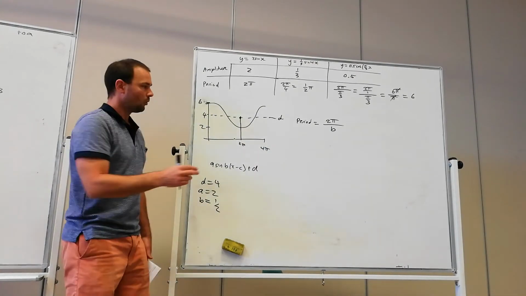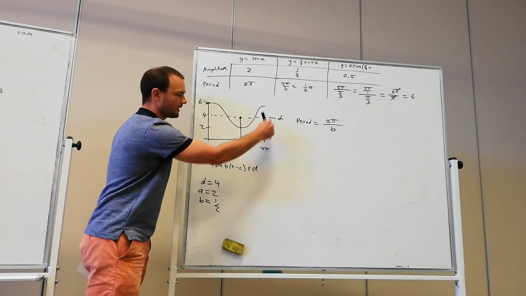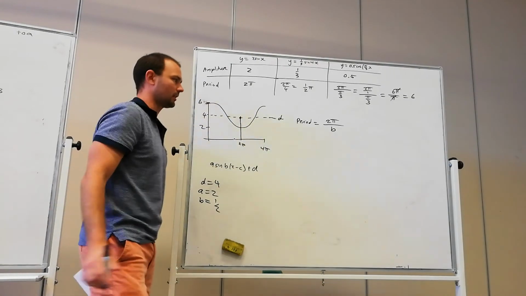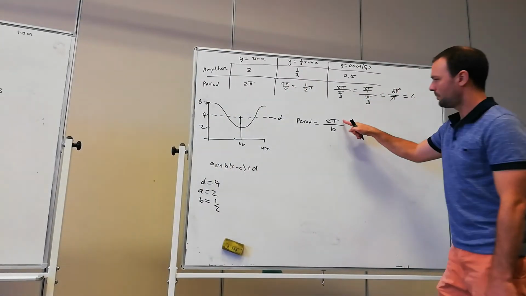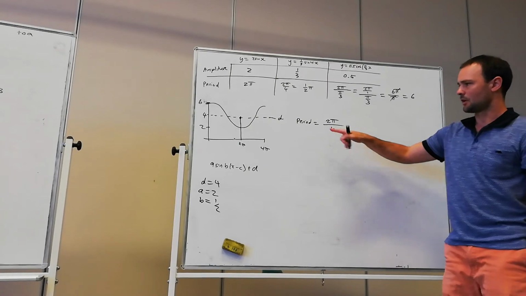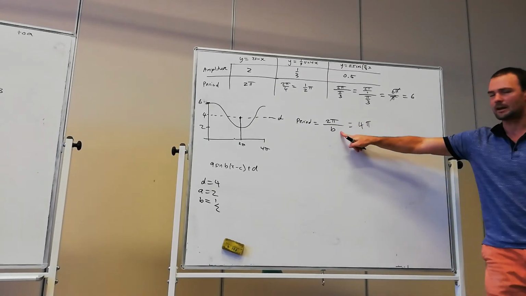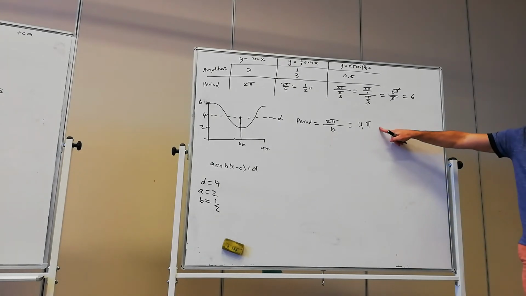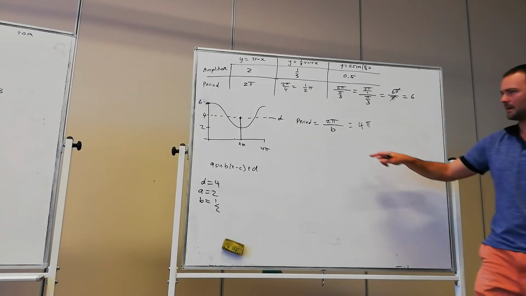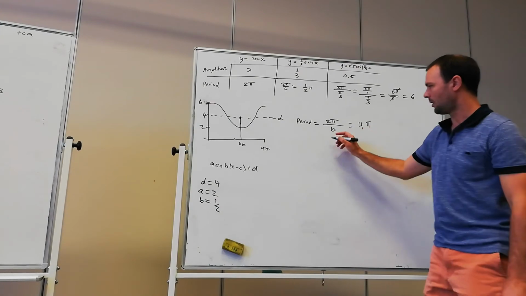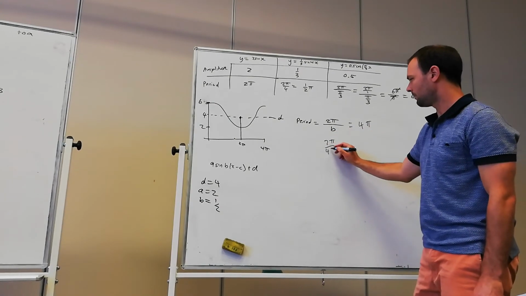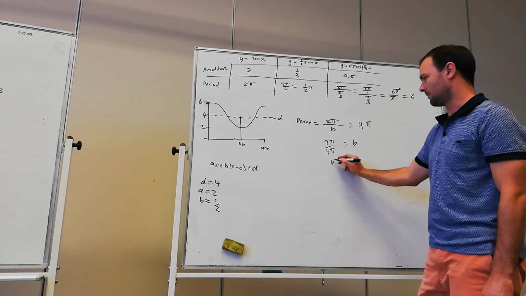Or you can go, well, there's 1 whole wavelength in 4 pi, okay? So remember, the period is 2 pi divided by B, and so our period is 4 pi. So 2 pi divided by B equals 4 pi, and we can solve this equation for B. We're going to swap the B and the 4 pi. 2 pi on 4 pi is B, and we've got B is half.